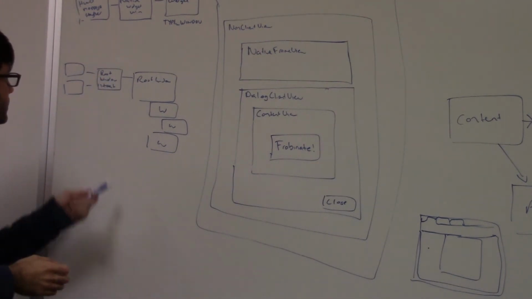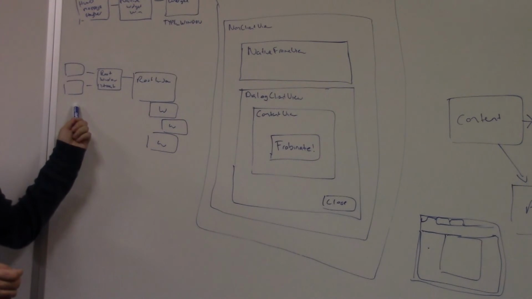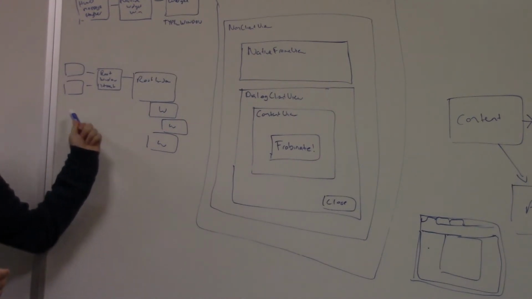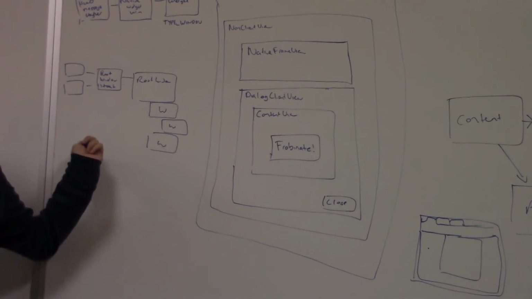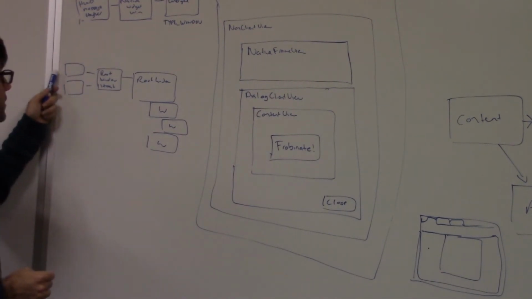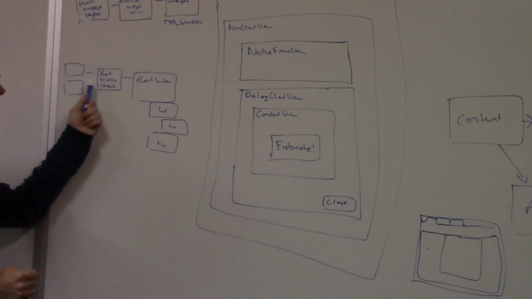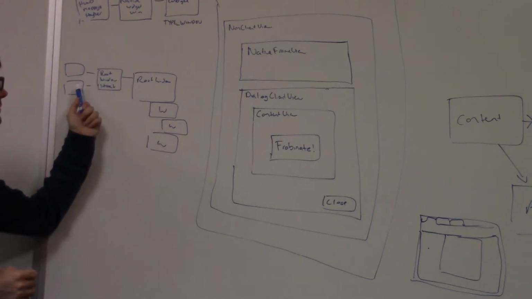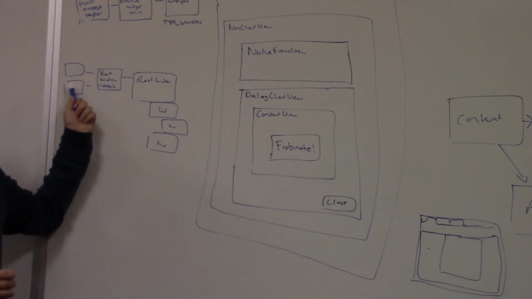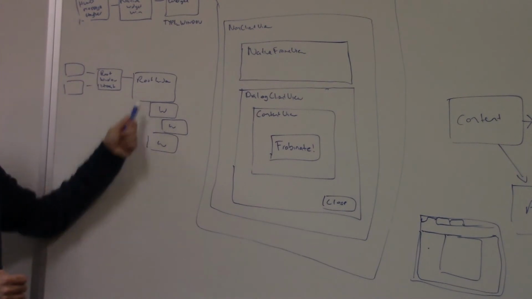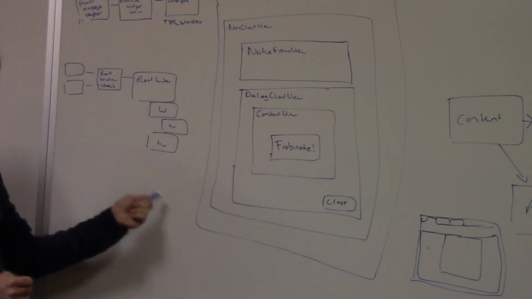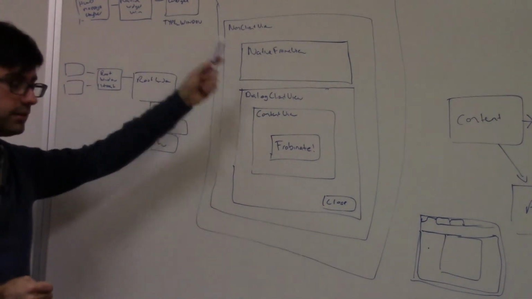So desktop root window host Win, or desktop root window host like X11, or whatever. Is it Linux? I can't remember what the suffix is. Aura X11. And so your native event comes through here, and basically in here they create a UI event which gets passed through to here and then is dispatched into the tree, much like on this side.